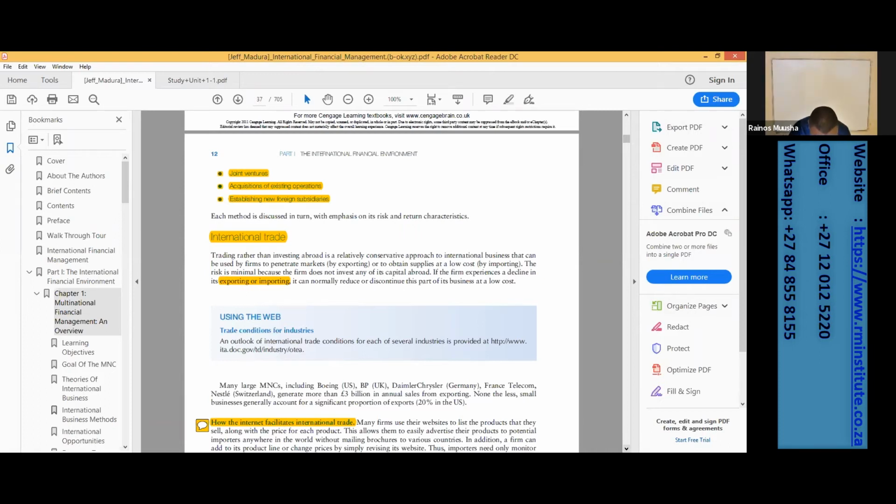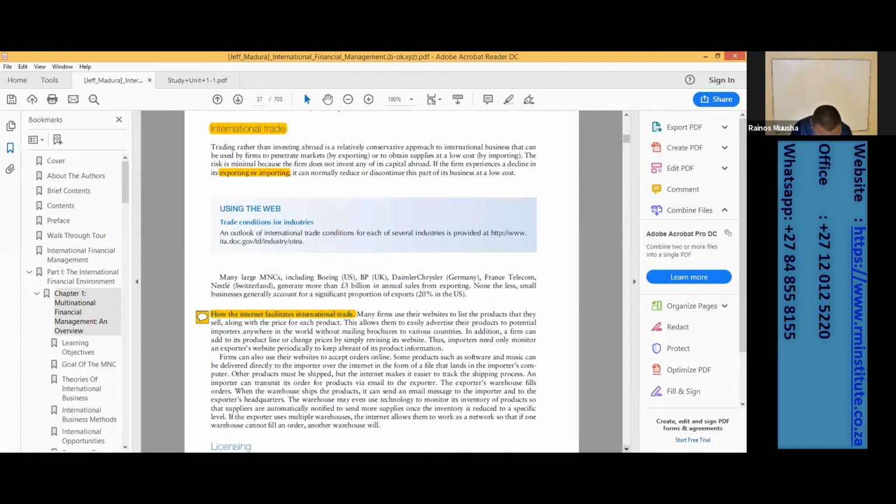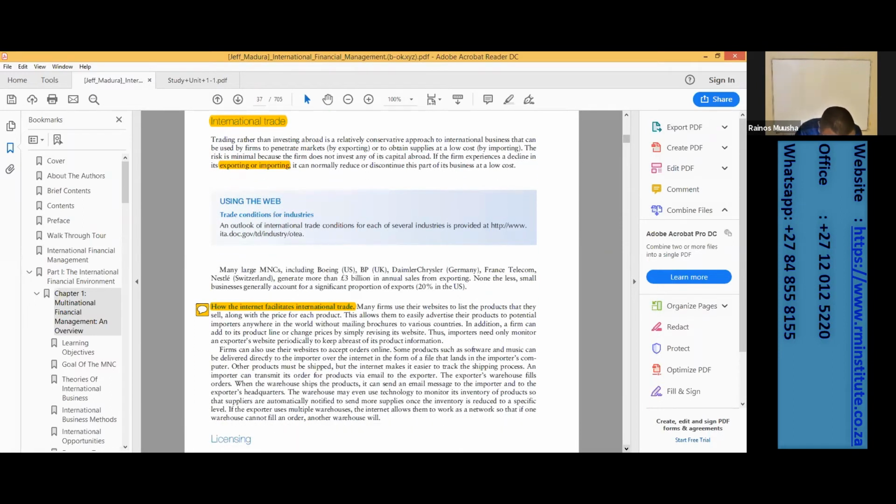So here they also look at how the internet facilitates international trade, mainly like what I was explaining, where you find that because of the internet, it's easy for customers across the world to buy the goods that they need as well.